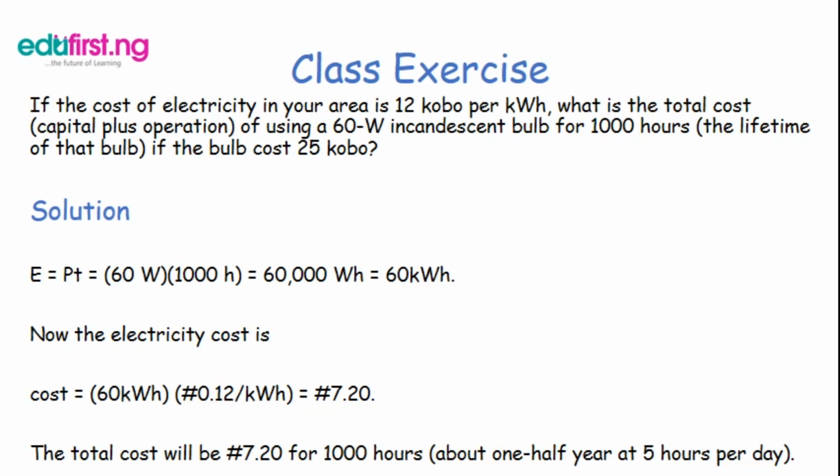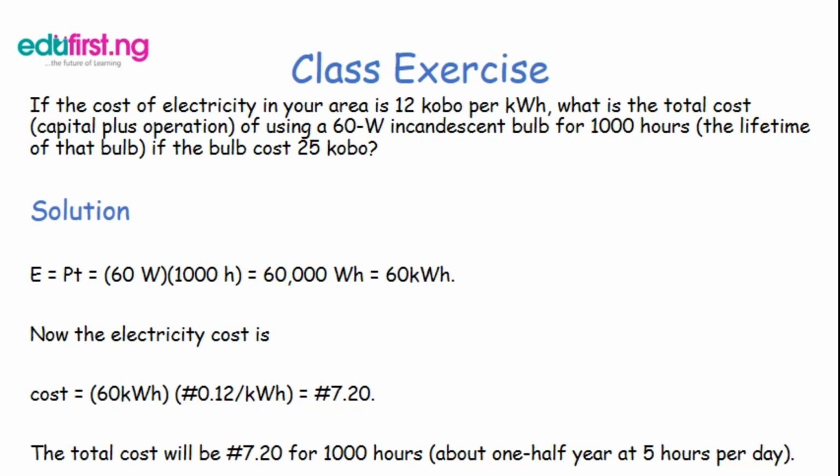E equal to PT. That is, energy is equal to power multiplied by time. We were given from the exercise that power is equal to 60 watts and the time is what? 1,000 hours. 60 watts multiplied by 1,000 hours will give us 60,000 watt hours, and that can be expressed as 60 kilowatt hours.